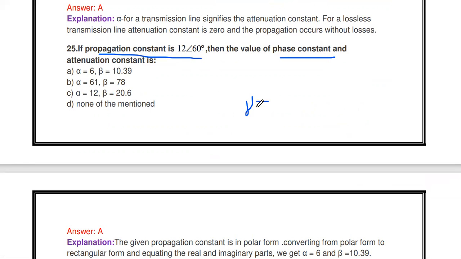Already you know the propagation constant is equal to alpha plus j beta. So you just represent this propagation constant in polar form, 12 with angle 60. You just convert this polar form into rectangular form using a calculator, and the real part is the attenuation constant, the imaginary part is the phase constant.